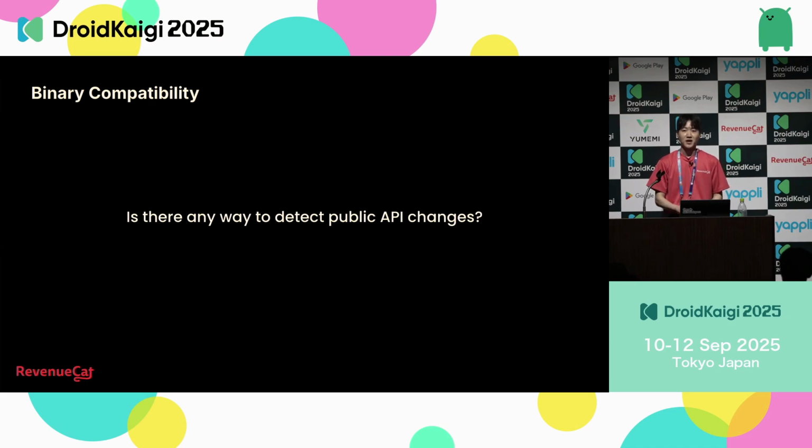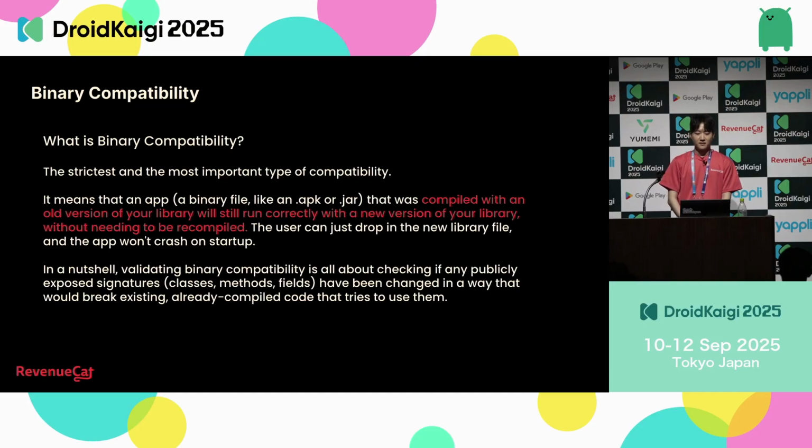So the key to API management is compatibility. Then you must be wondering, how can we detect the public API changes since it's directly connected to compatibility? There are several types of compatibility depending on how we define it.